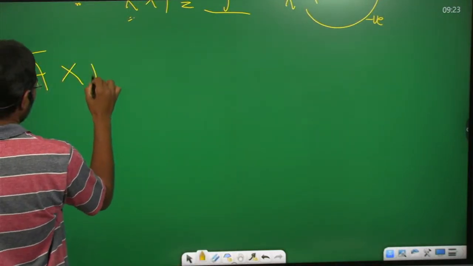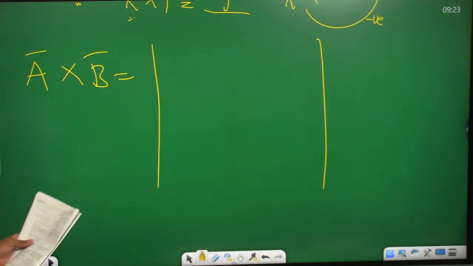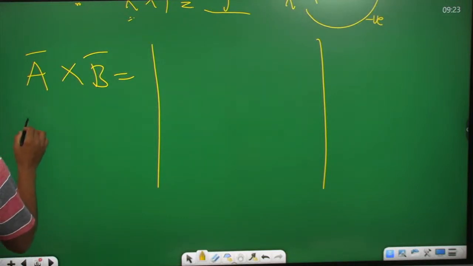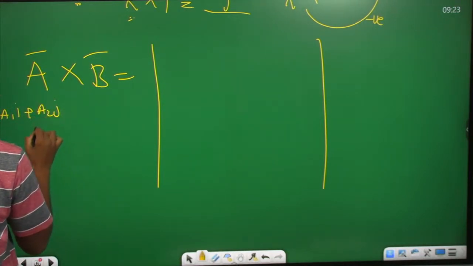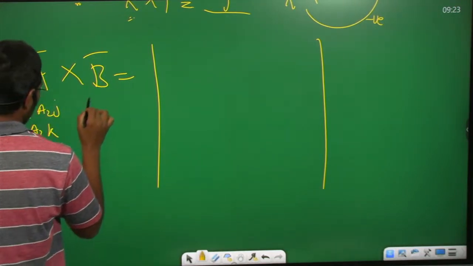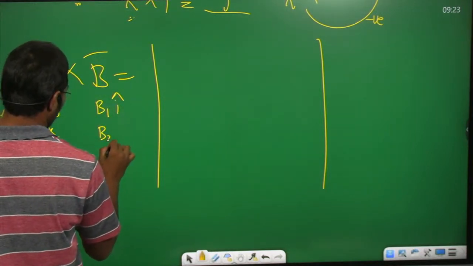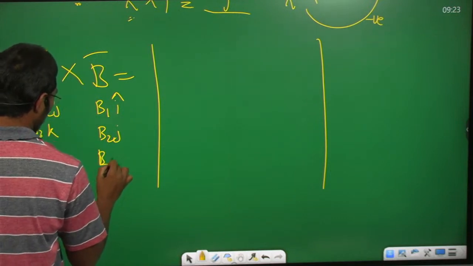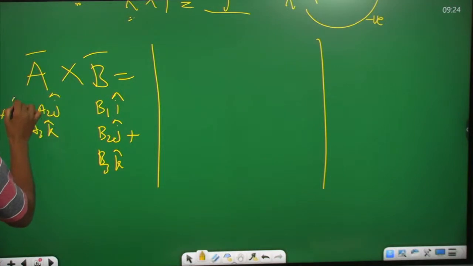A bar cross B bar, how do you write it in determinant format? Come on, complete the blank. Where A bar is A1 I, A2 J, A3 K, and in a similar fashion B bar is B1 I, B2 J, B3 K, then how will you find the cross product between these two vectors?